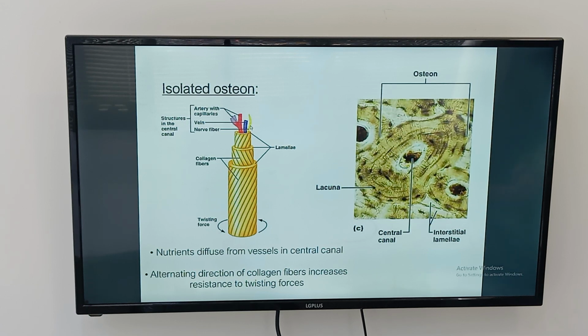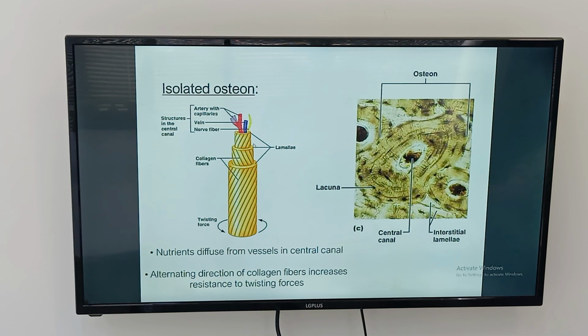Of course, we have to have a vein, an artery, and a nerve. So you can see here an artery with capillaries, a vein, and the yellow one is the nerve fiber. All of these together are structured in the central canal, which is this brown part, like a hole.